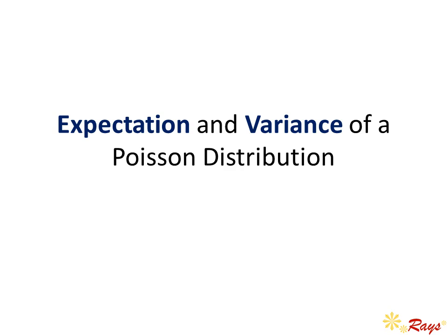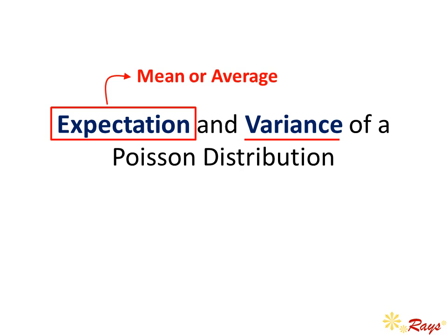We continue with chapter 8 and we'll be looking at example 7 and 8 today. But before that, let us look at the formulas of expectation and variance of Poisson distribution. Expectation is also known as mean or average.